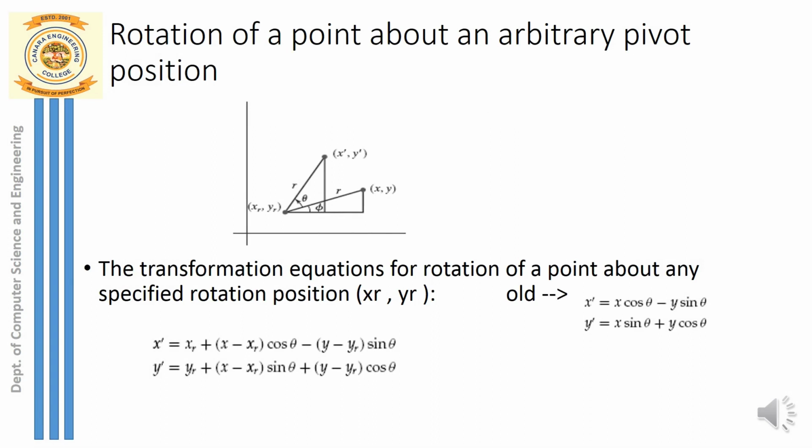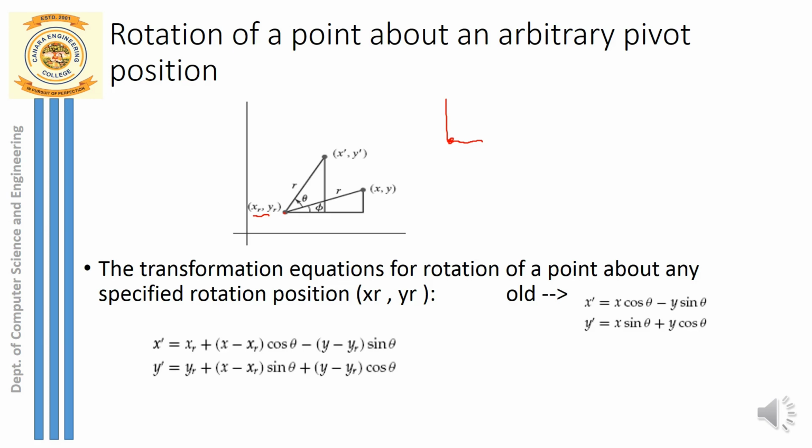You can just see here, we can perform rotation of a point even about an arbitrary pivot point. So far, whatever rotation we had performed was by taking the reference point as origin. But now you can notice the reference point is shifted from origin to some arbitrary point, and we call that point a pivot position, or simply an arbitrary point, and it is xr comma yr.